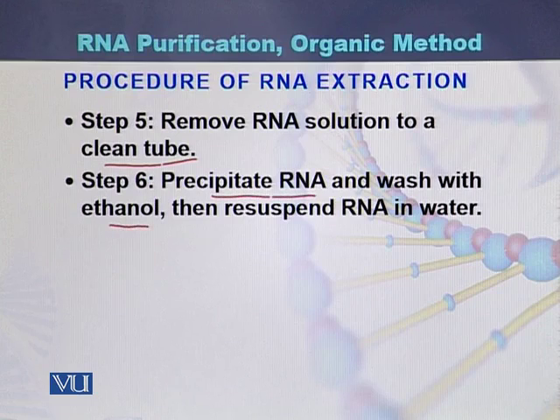Once the aqueous phase has been taken into another tube, precipitation of the RNA is done with the help of ethanol or isopropanol. Mostly ethanol is used in the case of RNA. Then the RNA is suspended in water for further molecular biology techniques or further study of the RNA.